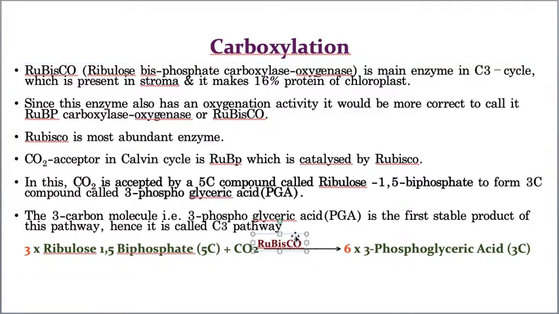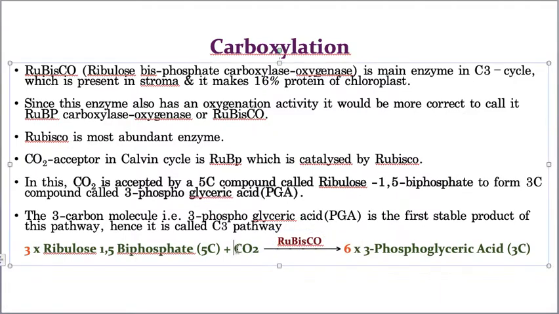Now, these 3 RuBPs react with 3 carbon dioxides in the presence of Rubisco, and it forms 6 phosphoglyceric acids, and each phosphoglyceric acid consists of 3 carbons. So this is all about the carboxylation reaction.